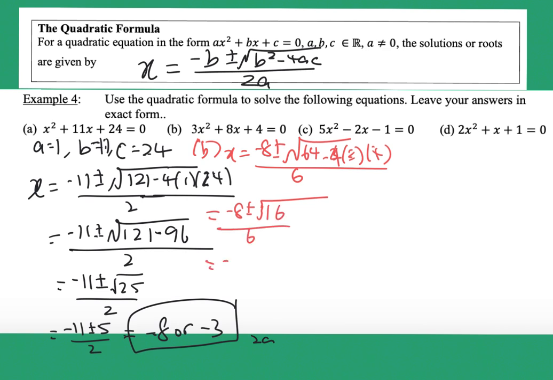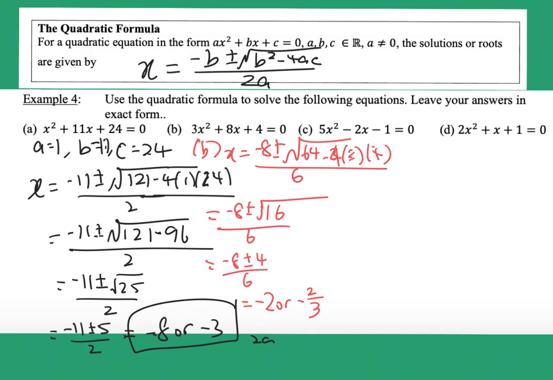So you end up with negative 8 plus or minus 4 over 6, and that gives us negative 8 minus 4, which is negative 12, divided by 6 will be negative 2, or negative 8 plus 4, which is negative 4 over 6, so will be negative 2/3.